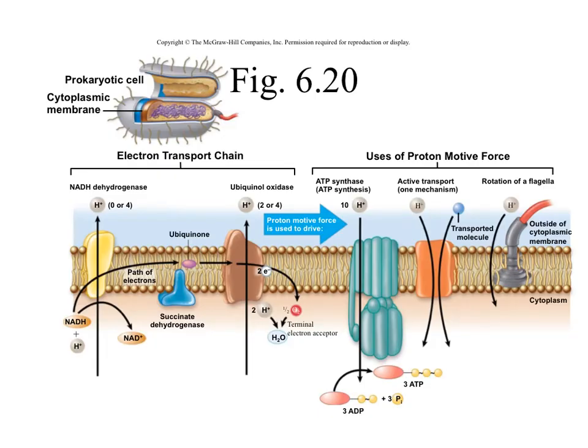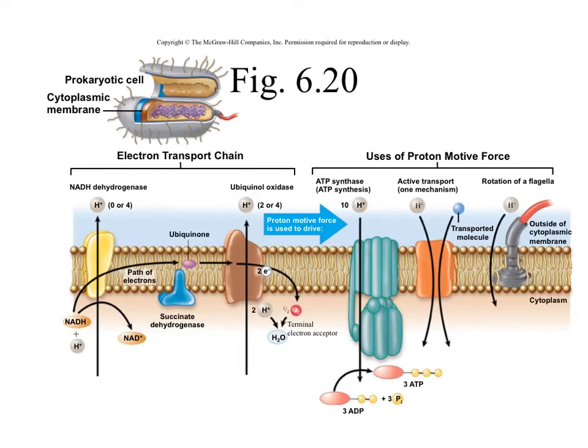So let's look at the electron transport chain. Here's NADH going to NAD plus. We're oxidizing the NADH as it becomes NAD plus, so we're removing the electrons, and they go to our first electron carrier.